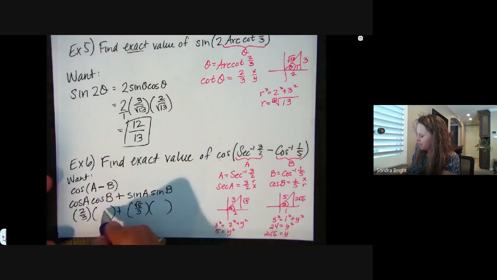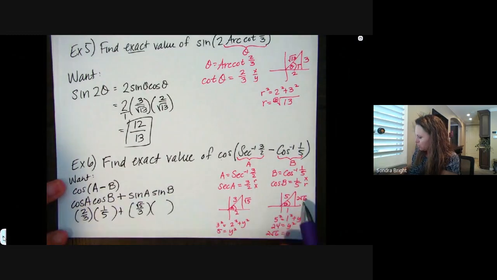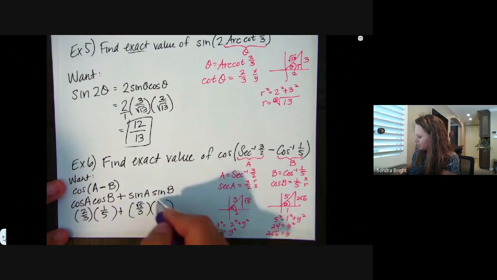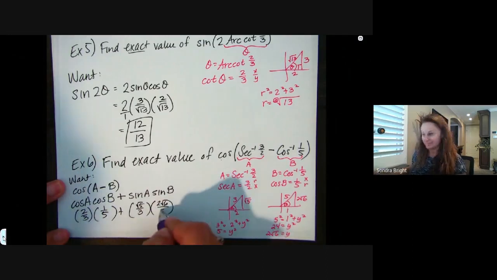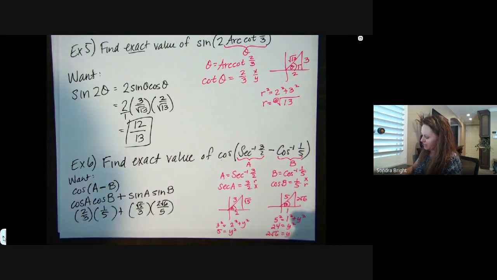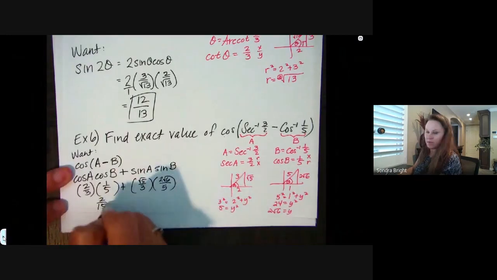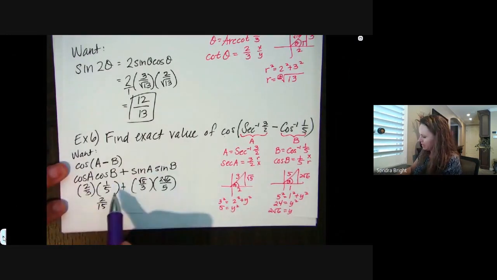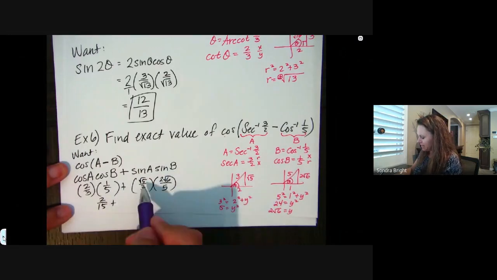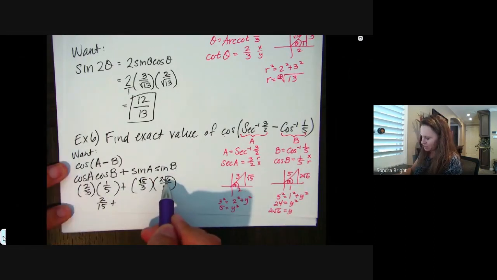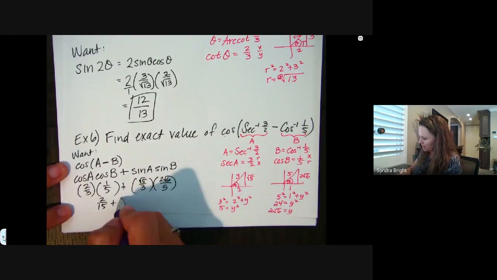And sine of B would be y over r, so 2 rad 6 over 5. So this becomes a 2 over 15, because you go 2 times 1 and 3 times 5, plus rad 5 times 2 rad 6, which is a 2 rad 30 over 15.